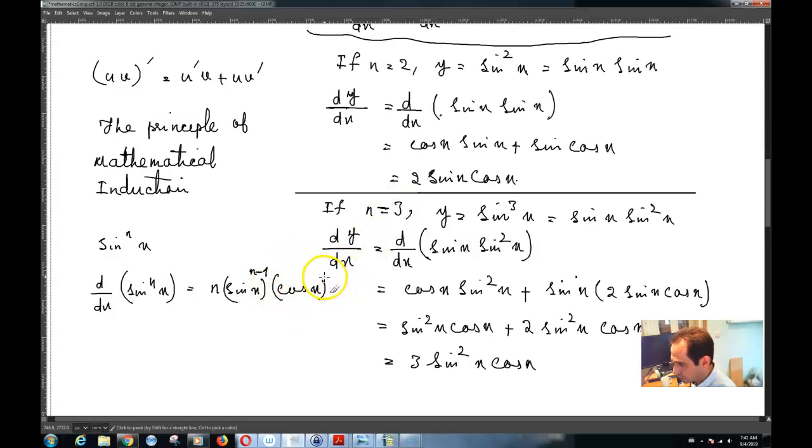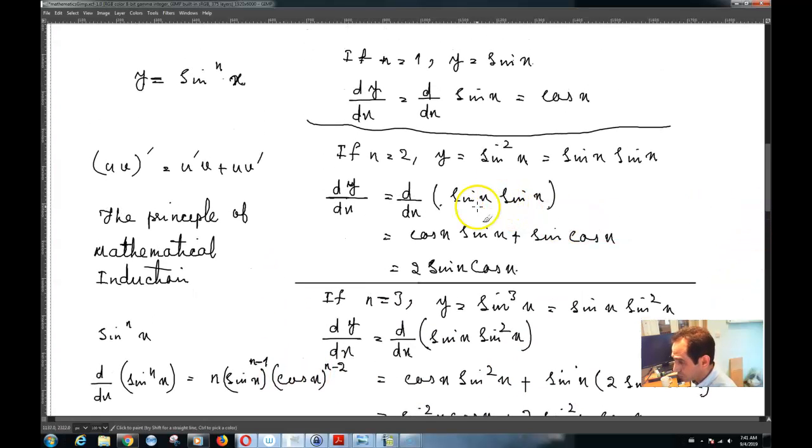And cos x is raised to the power n minus 2, right? So now it works here. Now let's see if it works here. When n is equal to 2, then 2 minus 1 is equal to 1, meaning that sine x is raised to the power 1, and 2 minus 2 is equal to 0, doesn't work. Cos x is basically raised to the power 1 because it's present over here as well.